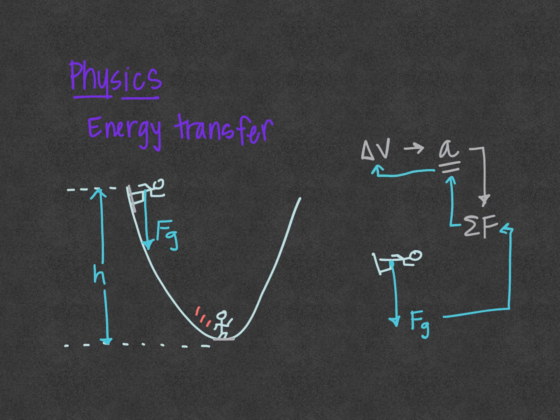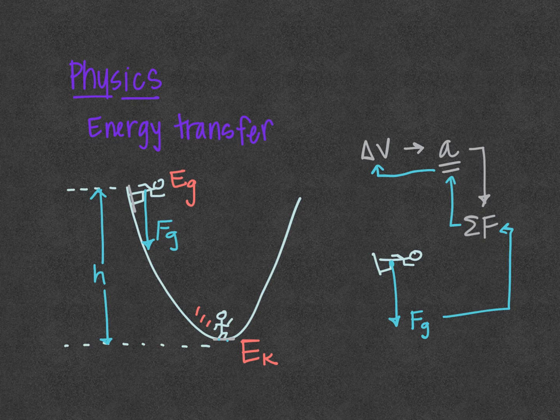And we saw that at the bottom, our skater was going the fastest, and the energy stored in the system at that point was all energy of motion or kinetic energy. And when our person was at the highest point, it was all energy due to the gravitational field. So there is a connection between this change in energy and this force.